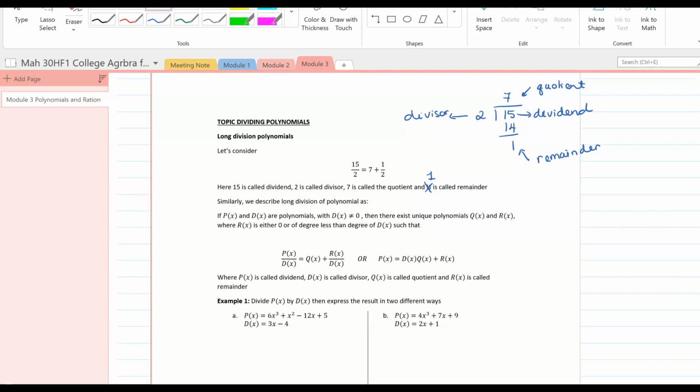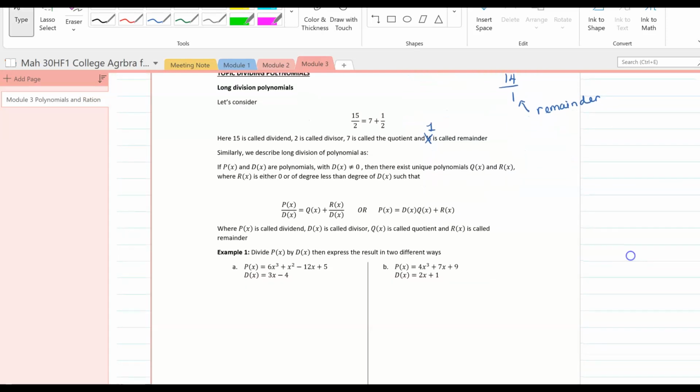If p of x and d of x are polynomials with d of x not 0, then there exist unique polynomials q of x and r of x, where r of x equals either 0 or has degree less than the degree of d of x, such that we can write it in terms of the divisor and dividend.